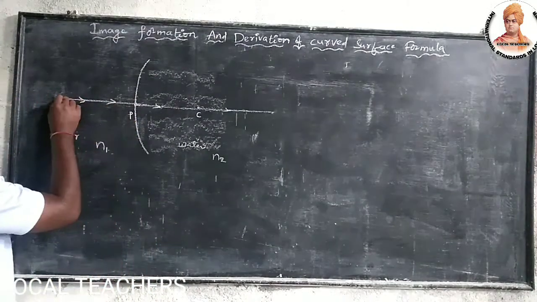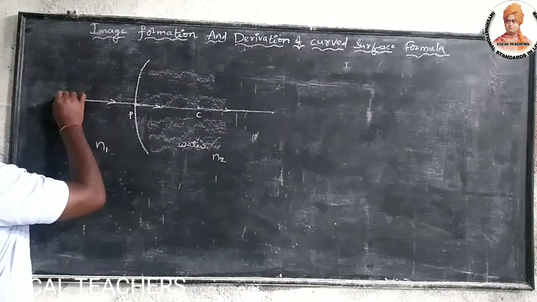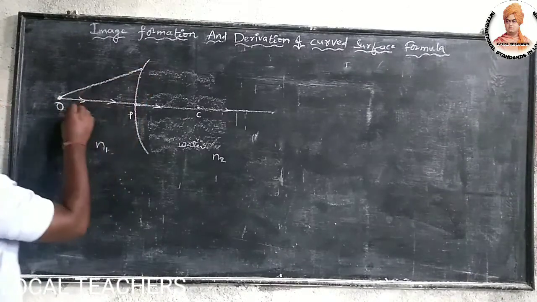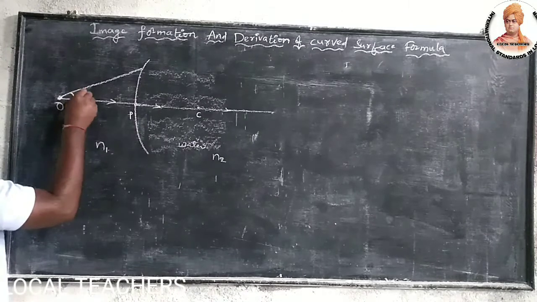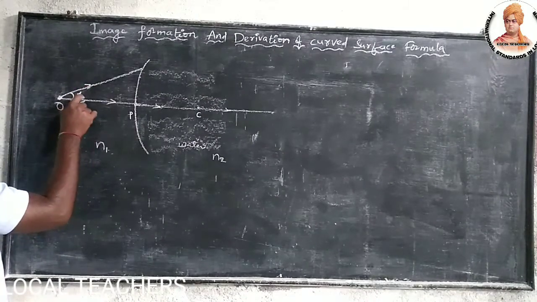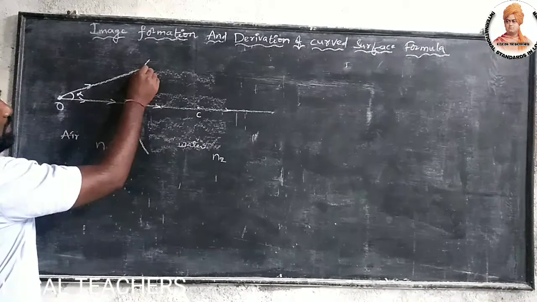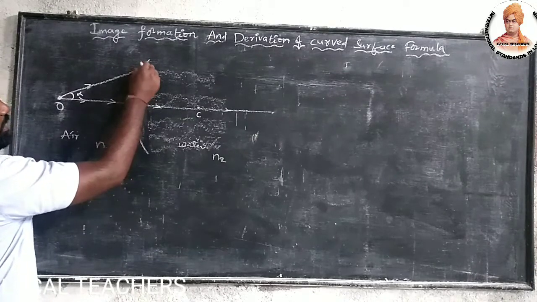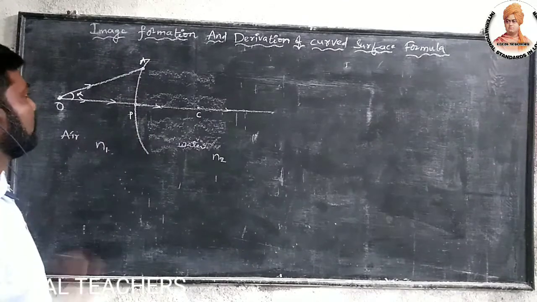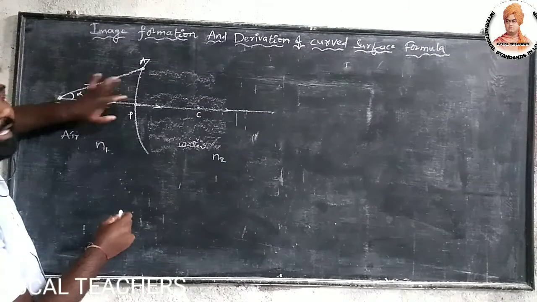Next, I am considering the second incident ray from the object making an angle alpha with respect to the principal axis. It will be incident on the curved surface at point A. So these are the two incident rays.